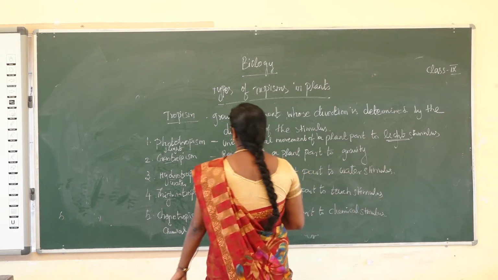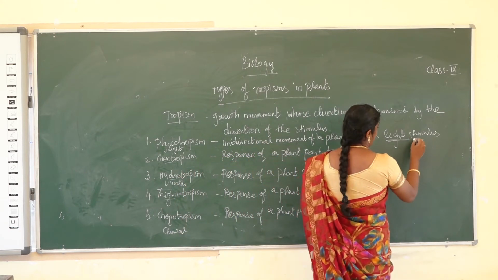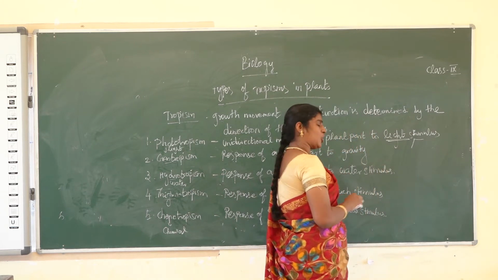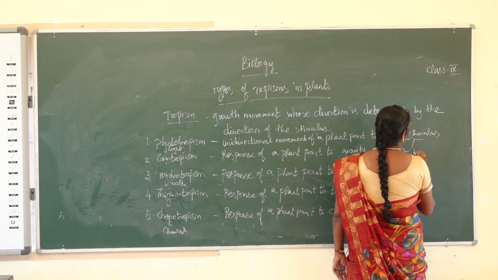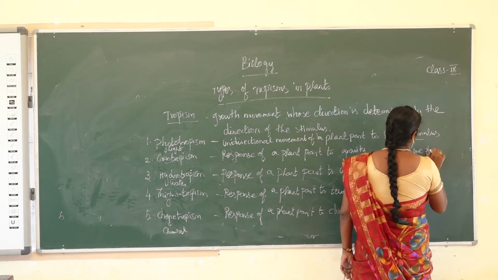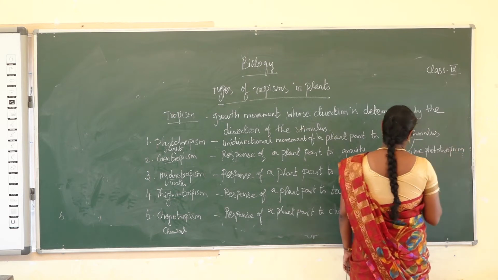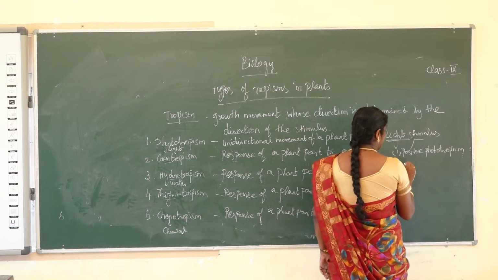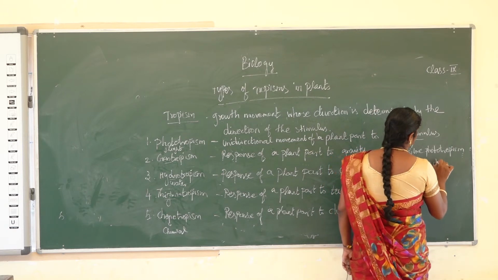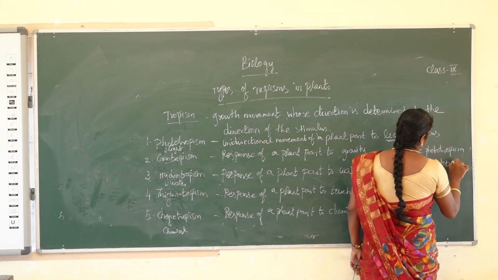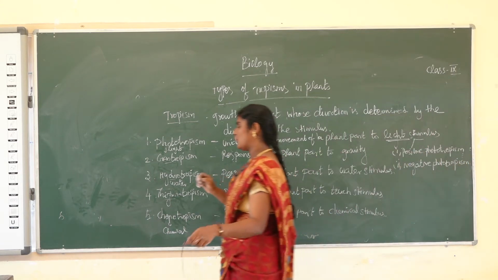Next, the phototropism stimulus is divided into two types: positive phototropism and negative phototropism. First, let us see positive phototropism.